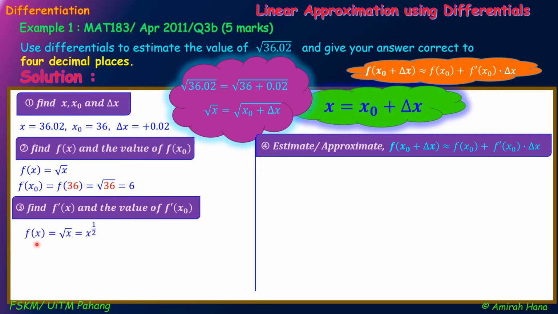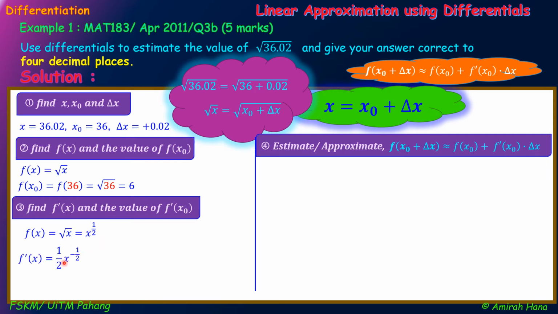Okay, and then step 3, find f'(x) and the value of f'(x₀). From step 2, we have f(x) equals the square root of x. To find f'(x), we need to differentiate. And to differentiate a square root, we need to change it into the form of a power. So we can write the square root of x equals x to the power of half.